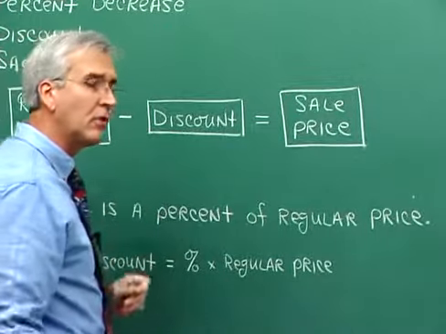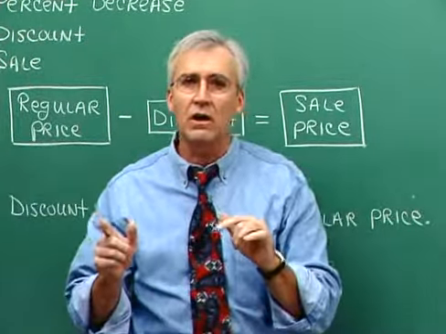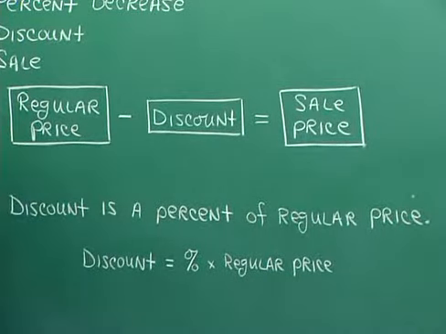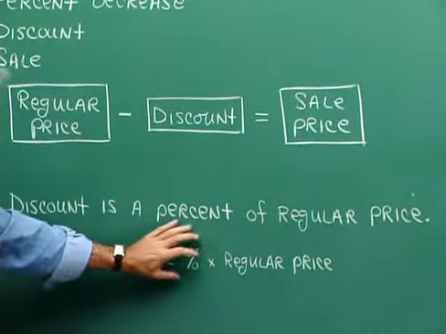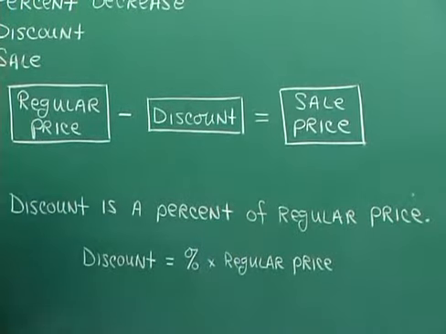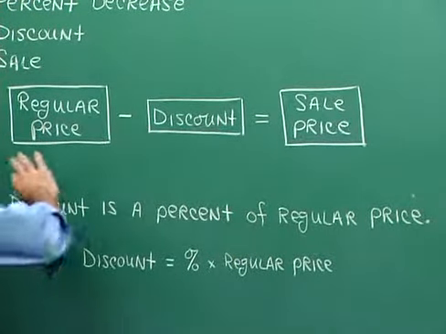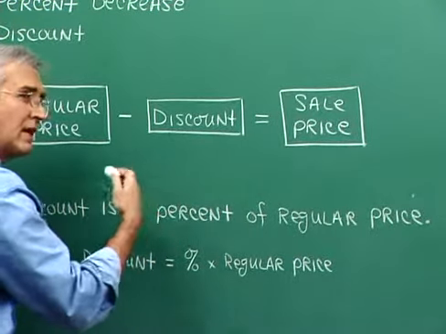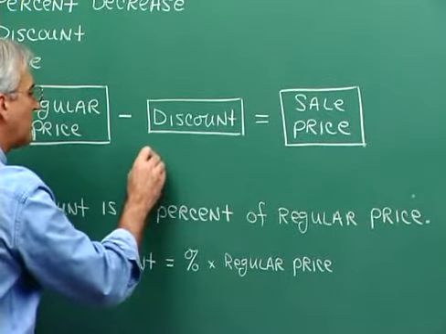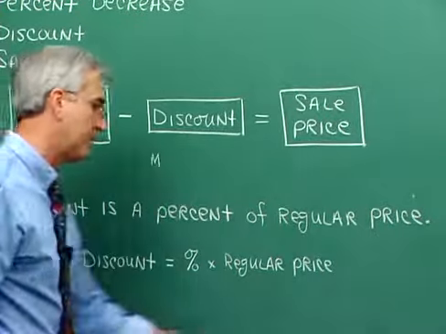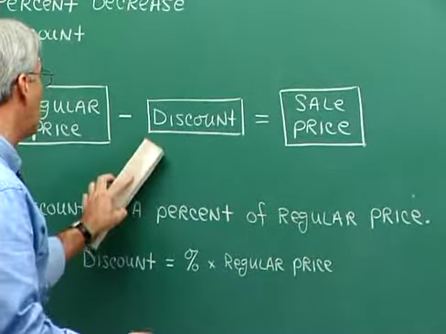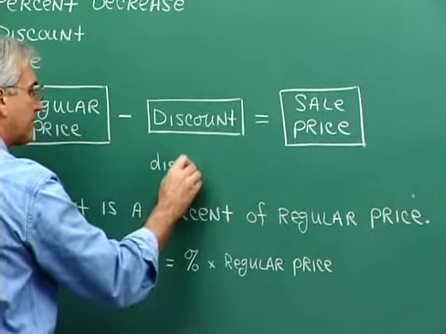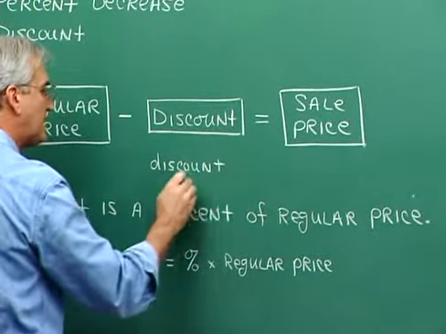And the markup was a percent of the cost. Well here, the discount is a percent of the regular price. So discount is some percent times the regular price. All right, now in this whole process, this percent has a particular name. Sometimes it's called the discount rate.